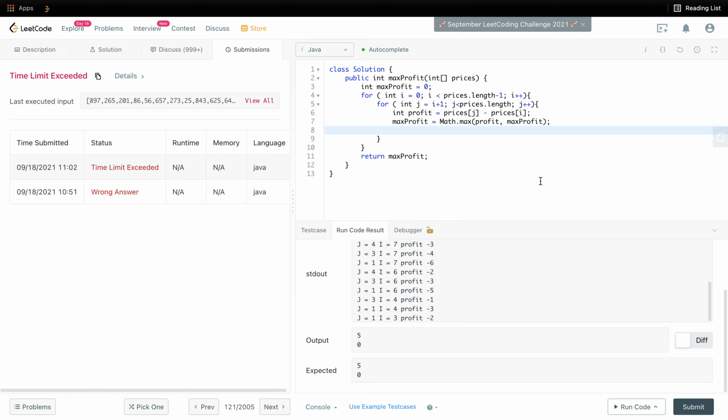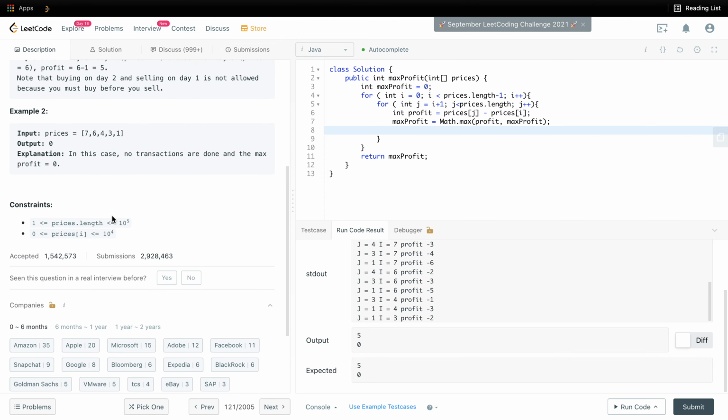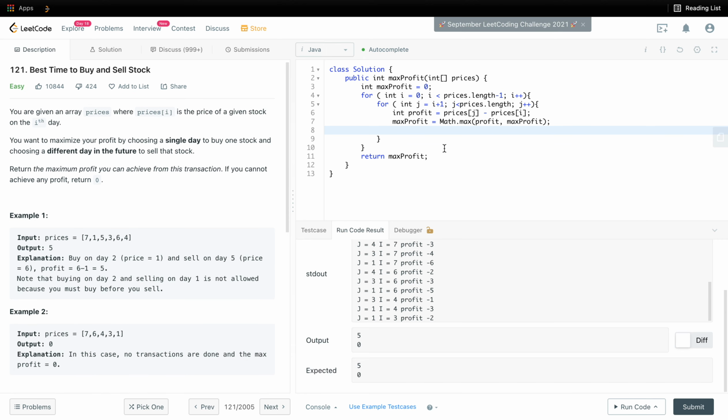Okay, time limit exceeded. That is okay, because since this is a brute force solution, it is going to happen. So it means we need a better solution for this problem. The better solution is to keep track of the minimum value in the past and subtract it from my current value, and see if I am getting the maximum profit or not.